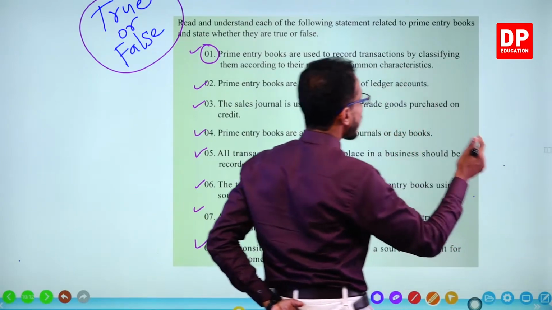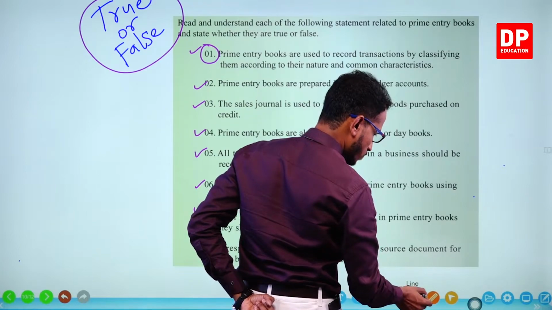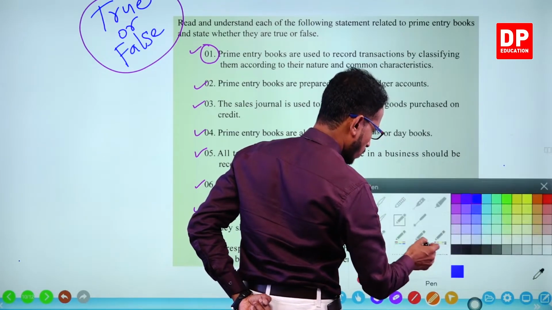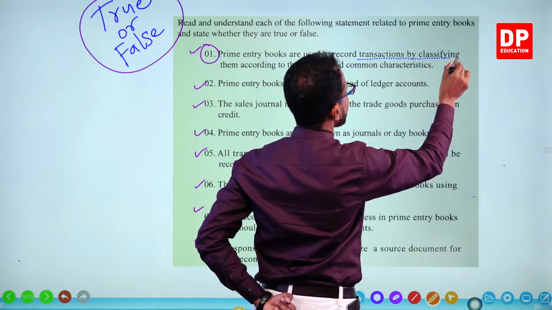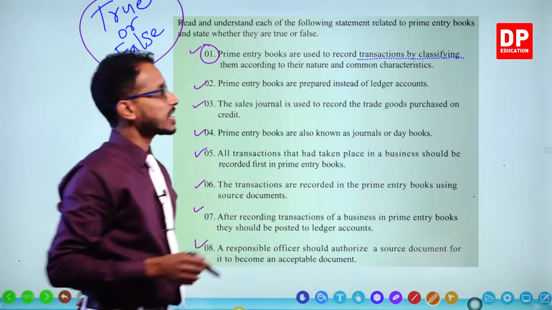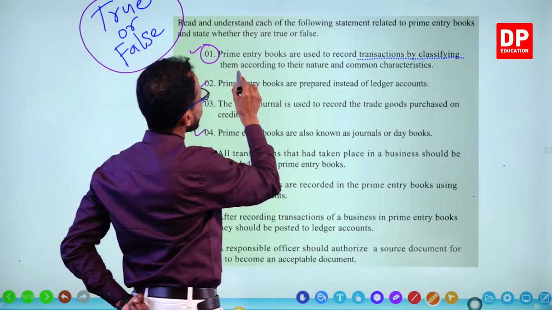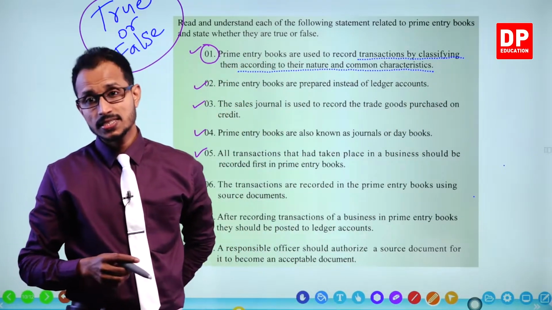Do we classify transactions according to their nature and common characteristics?